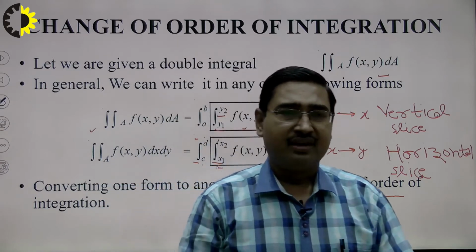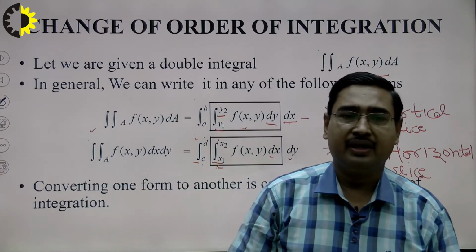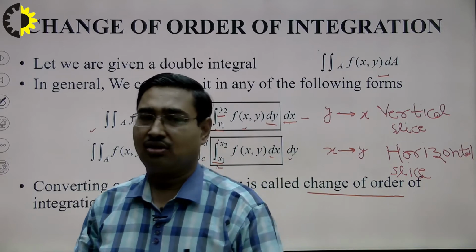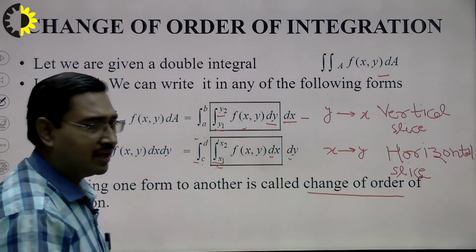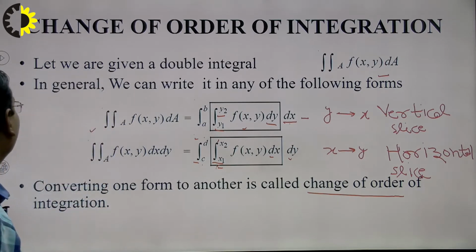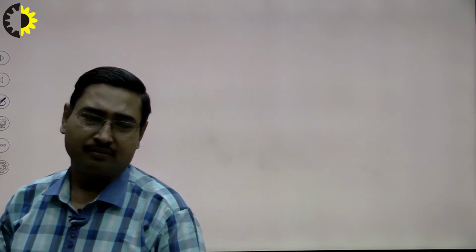Now we will understand how to evaluate an integral by changing the order of integration, or how to change the order of integration, because evaluation of integral we already know. For this we shall take an example.